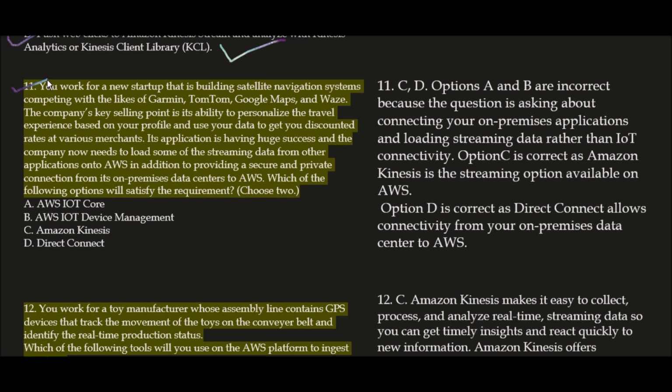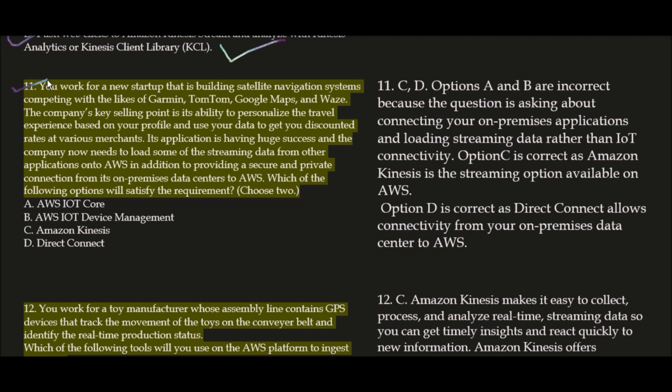Its application is having huge success and the company now needs to load some of the streaming data from other applications onto AWS in addition to providing a secure and private connection from its on-premises data center to AWS. Which of the following options will satisfy the requirements?